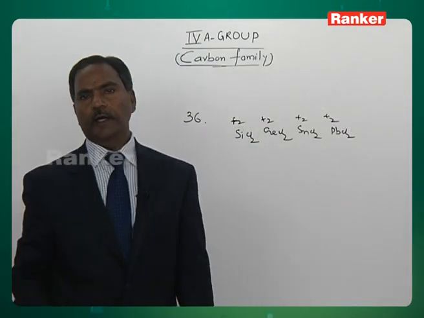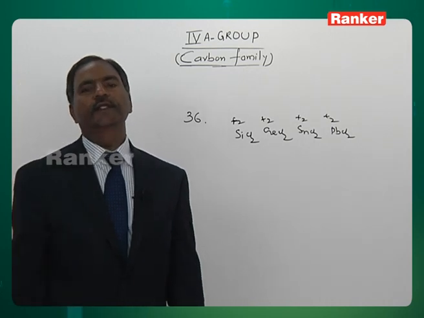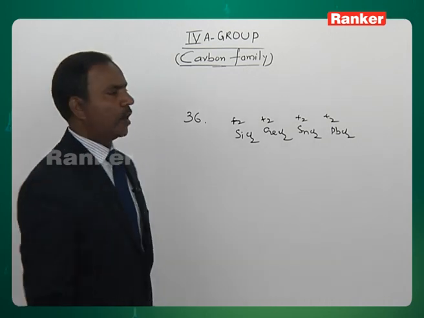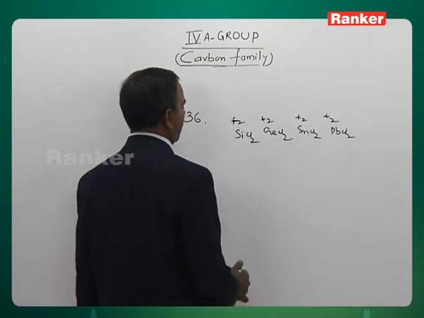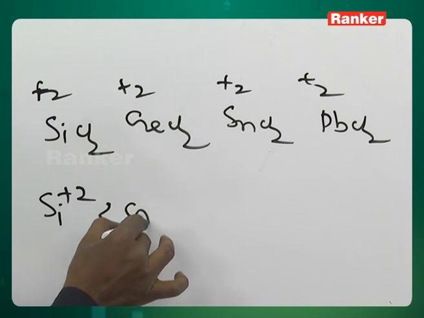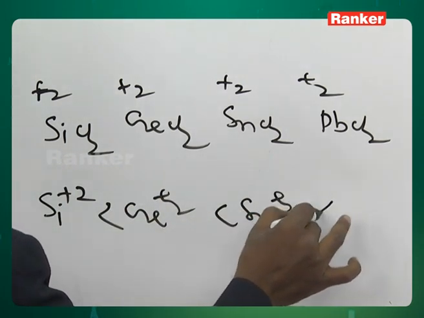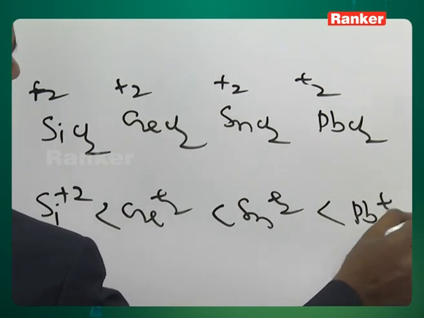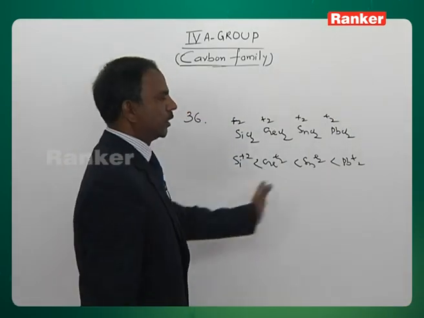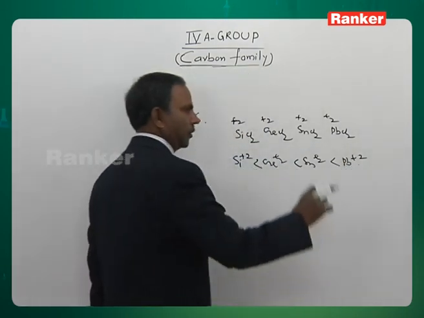But one thing you remember, in any group, stability of lower oxidation number increases from top to the bottom. Suppose you talk about silicon plus 2, less stable than Ge plus 2, less stable than Sn plus 2, less stable than Pb plus 2. Among all these plus 2s, this particular lead plus 2 is more stable.